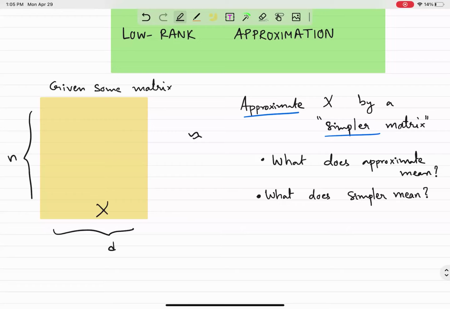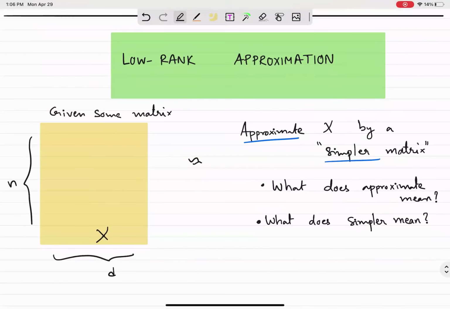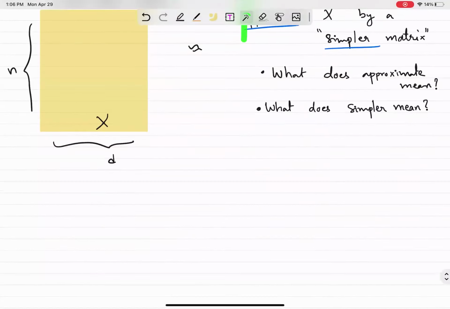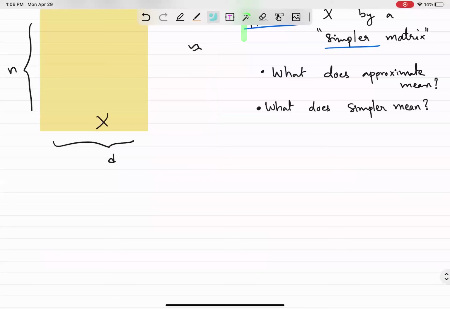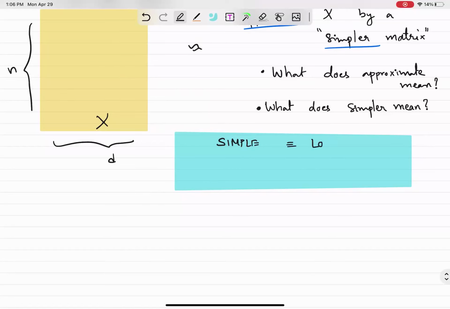As indicated in the title of low rank approximation, there are various notions to think about, but the one that is most meaningful in many fields is to use simple as low rank.